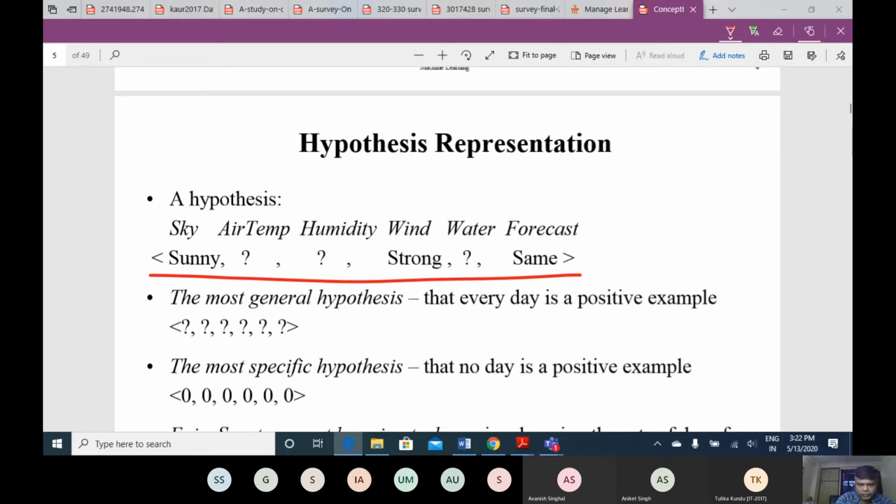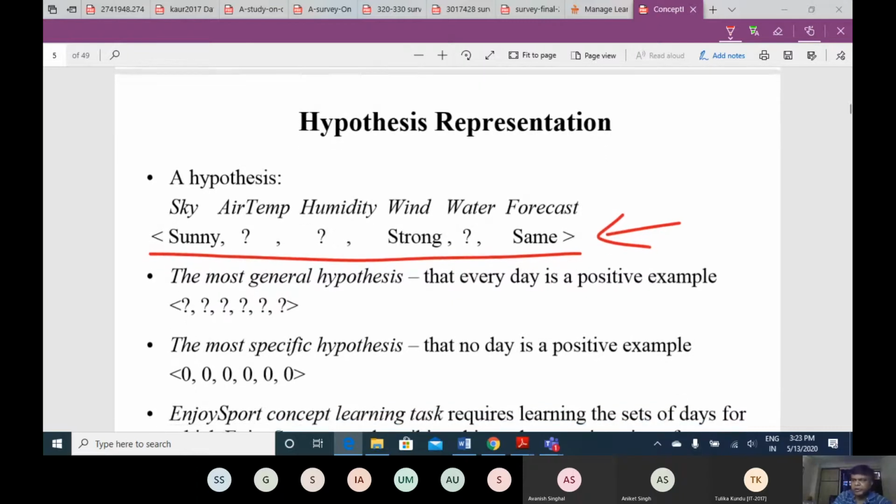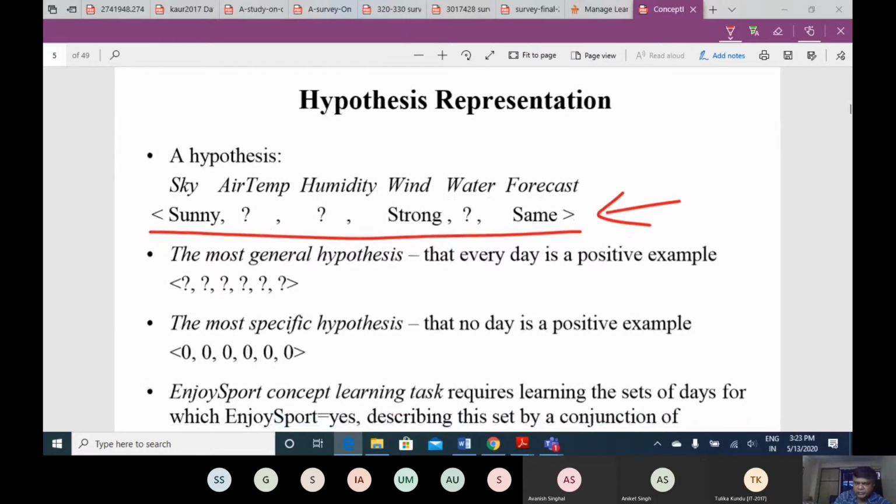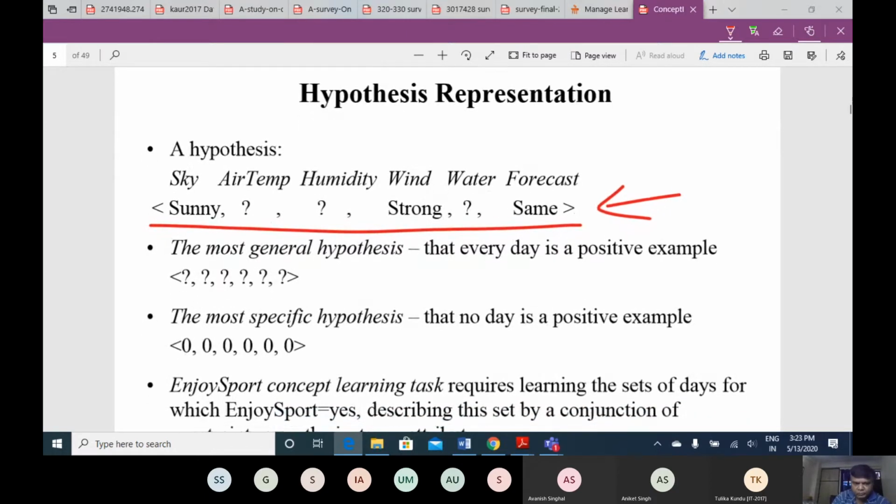All those rows in the table above correspond to this hypothesis. That is the meaning of hypothesis. A hypothesis may be equivalent to a particular concept or may not be, but it defines a subset of instances, or a subset of rows in the table of instances which we have just seen.